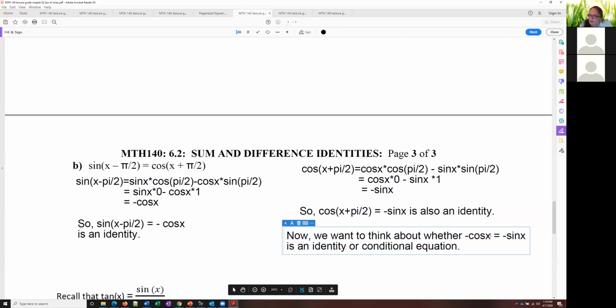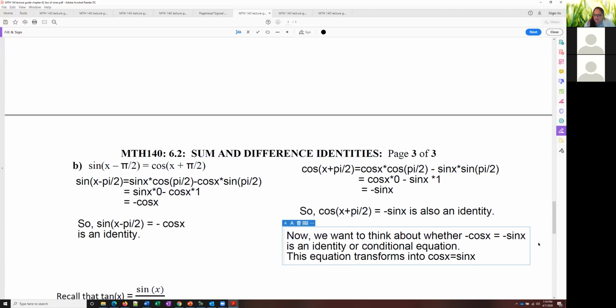Okay, well, I can go ahead and multiply both sides by -1 and turn it into cosine x equals sine x.